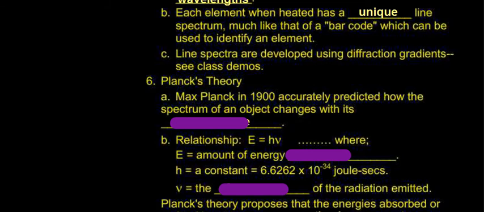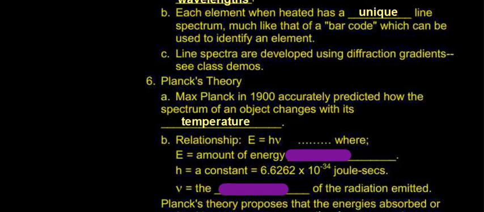Okay, now Planck's theory, Max Planck in 1900, accurately predicted how the spectrum of an object changes with its temperature. So hotter objects change their temperature, and you've seen this before. It's called black body radiation.